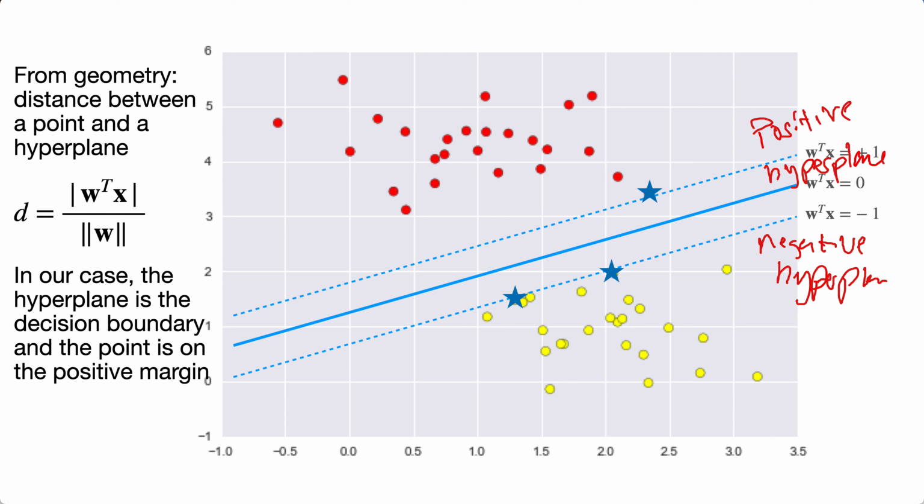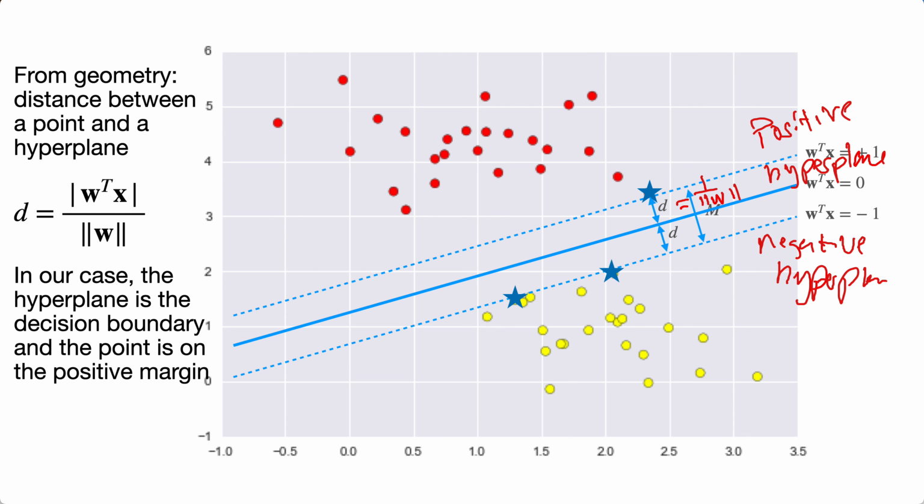So the decision boundary lies right in the middle, smack dab in the middle between them, and it lies one unit of weight vector size away. Or more to the point, I need to be very precise here, it lies 1 over the weight vector magnitude away. So not a weight vector magnitude away, 1 over the weight vector magnitude away.